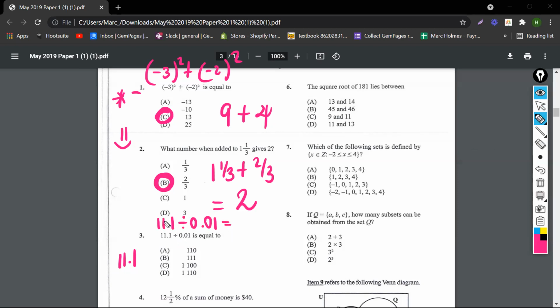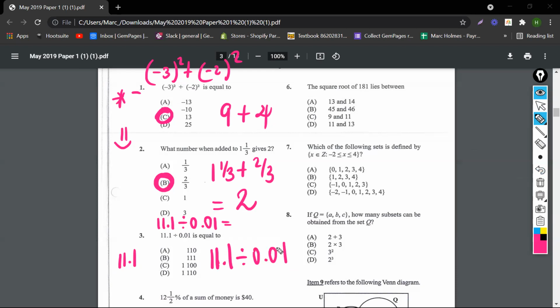When you're dividing like this, all you have to do is move the decimal place. So let me just show you what I mean. If you're dividing 11.1 by 0.01, you don't want the number on the right to be a decimal. You want it to be a digit.